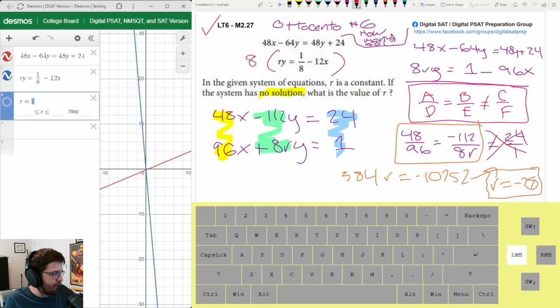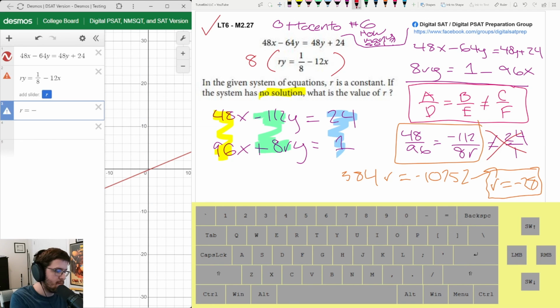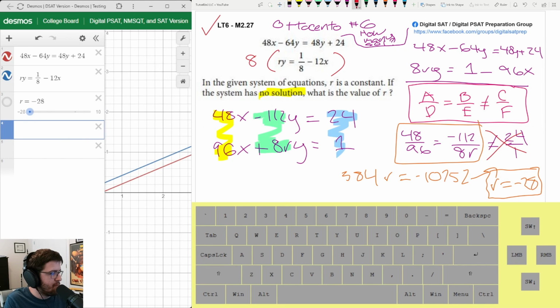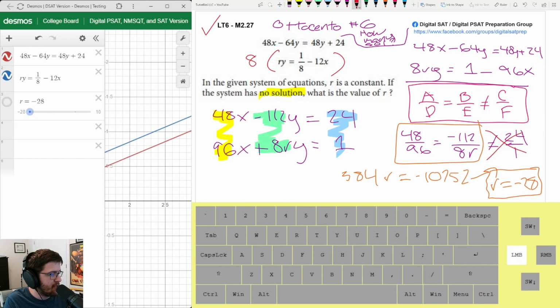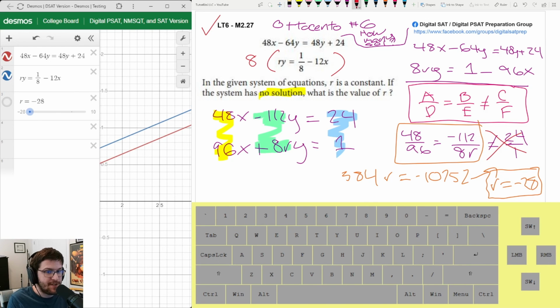Okay, and so I just typed in everything verbatim from the beginning of the question, none of my work. And we said r was negative 28. And let's see, if I zoom in, it certainly seems like these are parallel lines. So it seems like we did a good job.